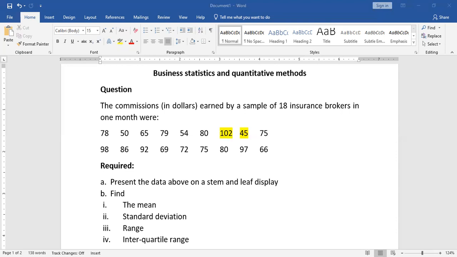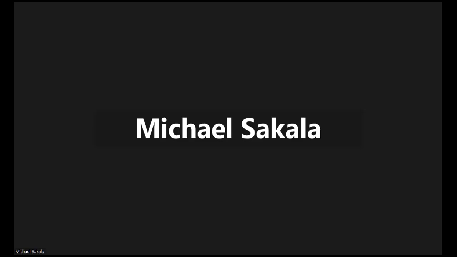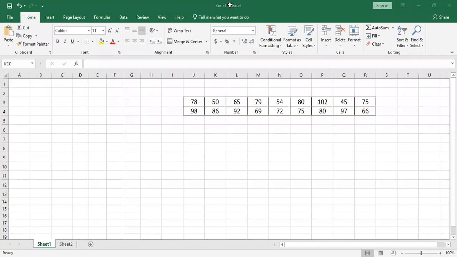Let me do it in Excel so that you see the way it's going to appear. It will be easier for me to do it here in Excel. All right. So like discussed, I have the side which will say stem, and the other side will say leaf.